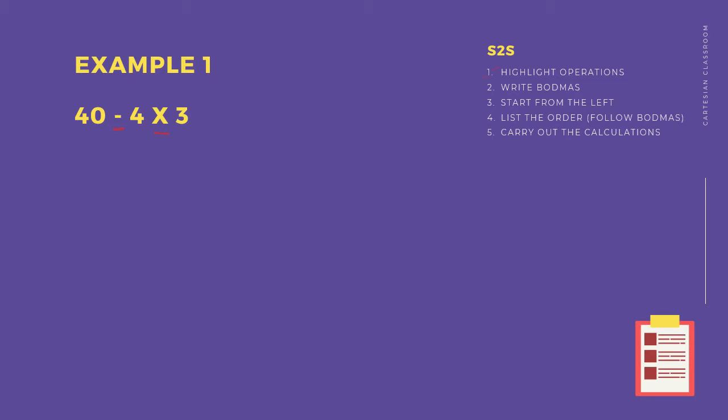Step 2, write BODMAS. It helps if you practice writing BODMAS every time, just next to your question box. So BODMAS: B, O, and then we have D and M, they're on the same level, and we have A and S. B stands for bracket, O is order, D is division, M is multiplication, A is addition, and S is subtraction.